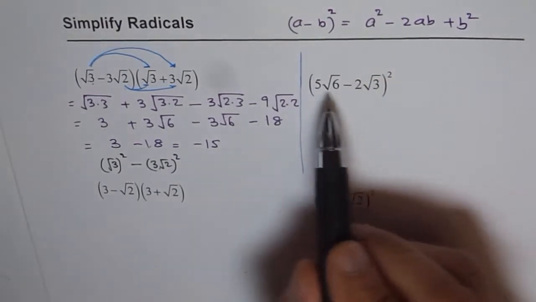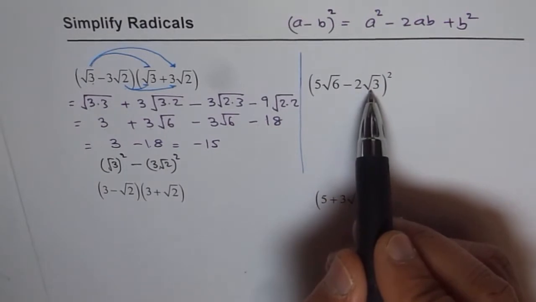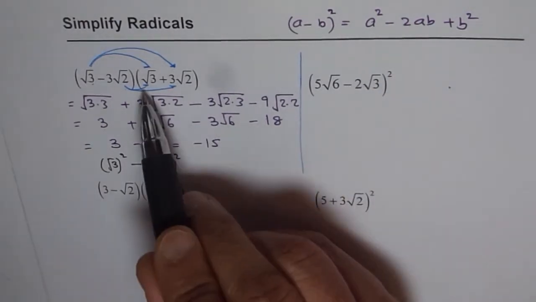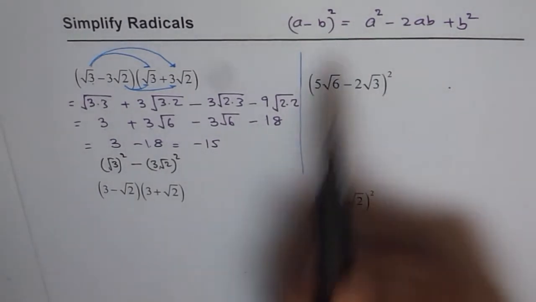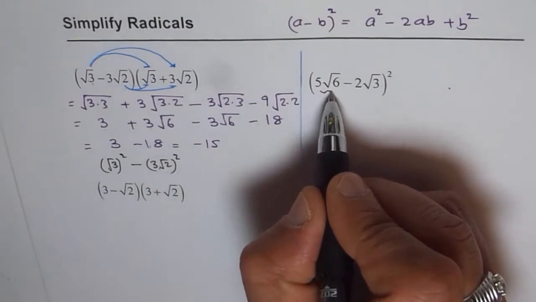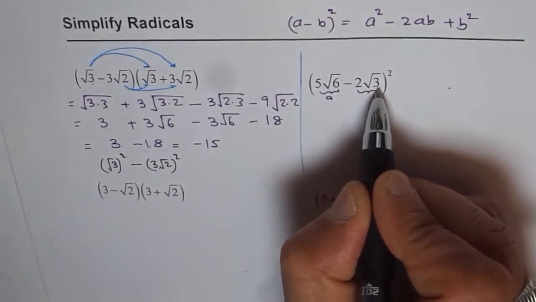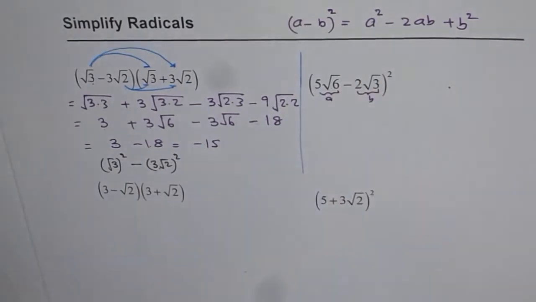If you don't remember, you can multiply 5 square root 6 minus 2 square root 3 by itself, as we did here, and then get your answer. But this time we are going to use this formula. So a is this number for us and b is this for us. 2 square root 3 is b, a is 5 square root 6.